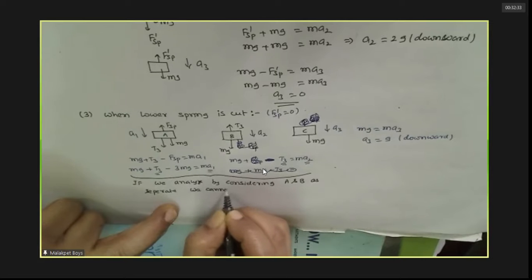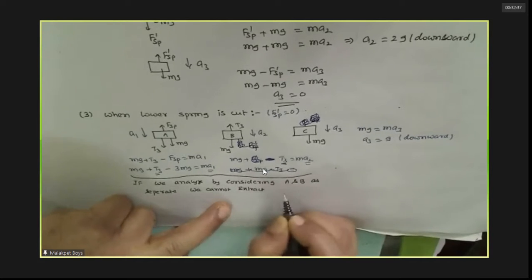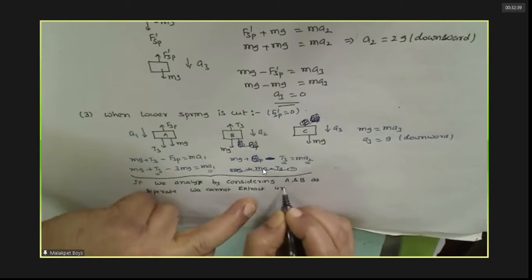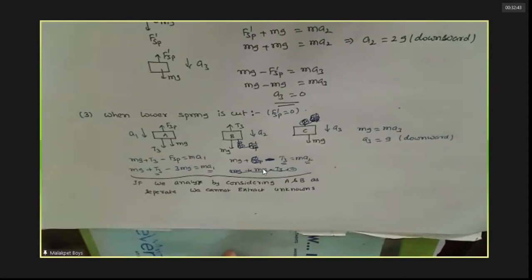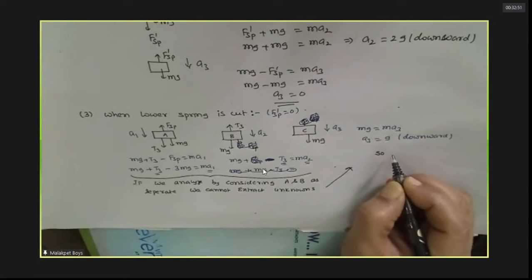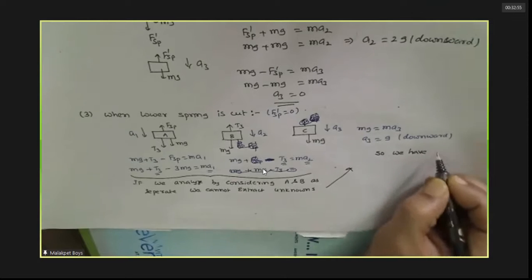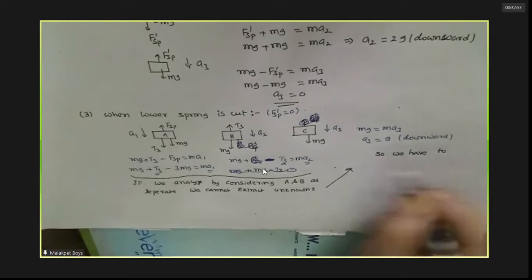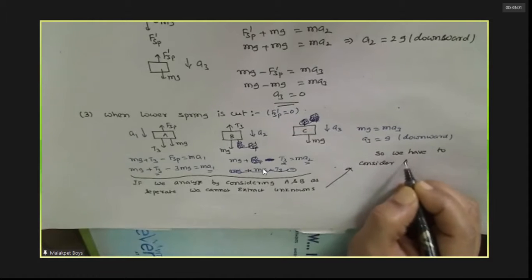We cannot extract unknowns, no? Do you agree with this? So what should we do? As before.